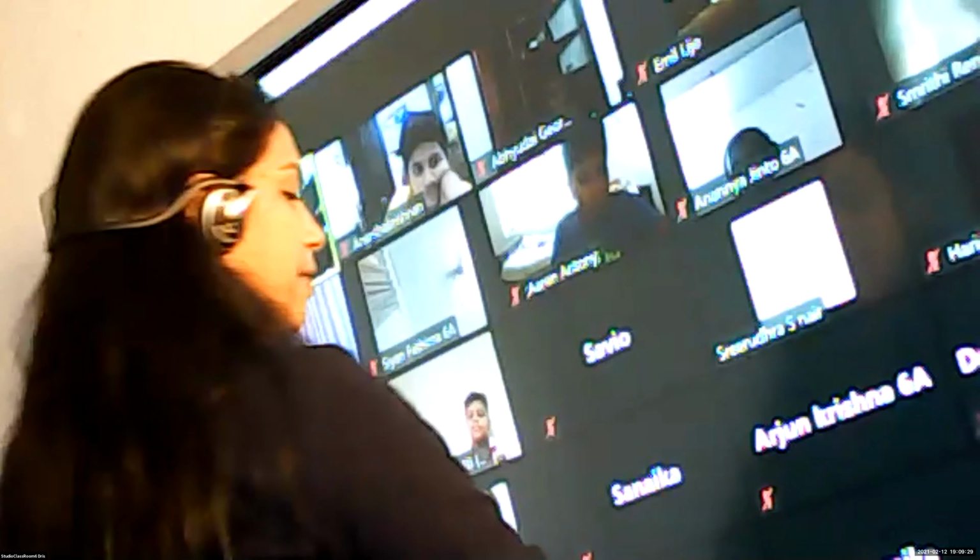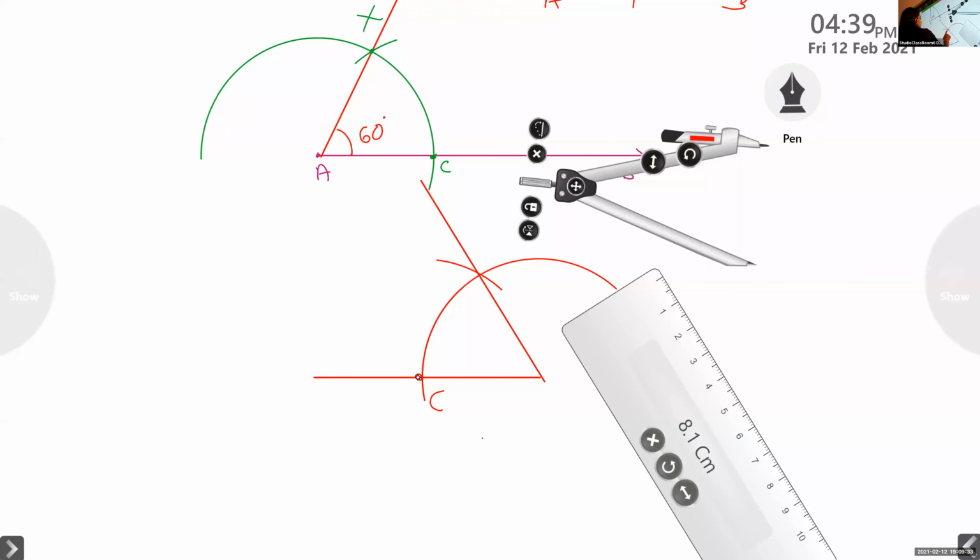How will you get it? I'll show you. See, children, when we draw this and I join this, can you see? This is an equilateral triangle because three sides are equal. We have kept the same radius here and here, so when you join this, we get an equilateral triangle.